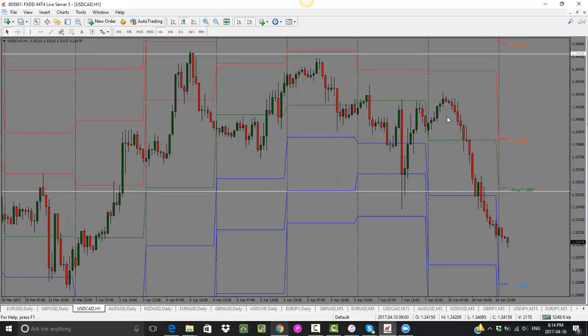Looking at the 1 hour chart, we did have a nice drop here. Here's our pivot point right in line with the support and resistance area. So this could play out kind of like this, and the first target could be this one right here, which is the 132.80 level.